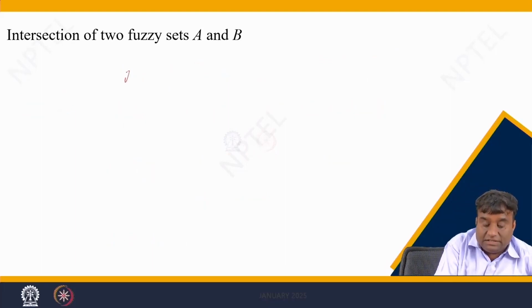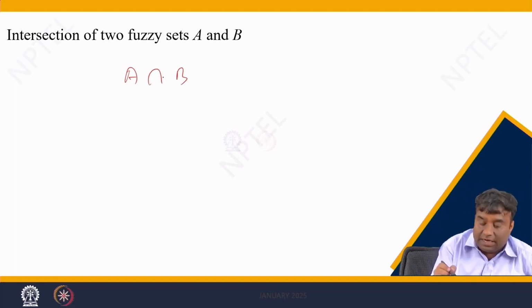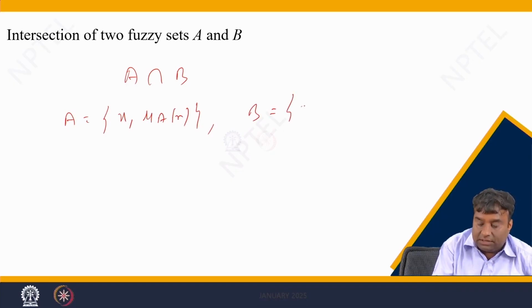Okay. Now try to understand the intersection of two fuzzy sets. One fuzzy set is A, another fuzzy set is B. Suppose A is a fuzzy set, that is x, mu A(x). B is a fuzzy set, that is x, mu B(x).